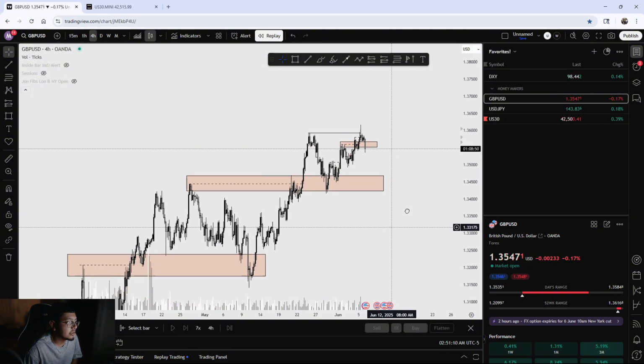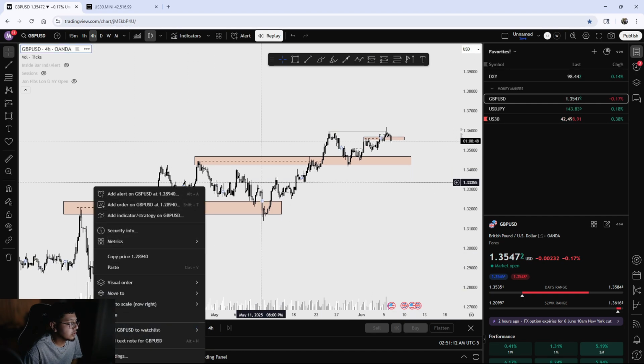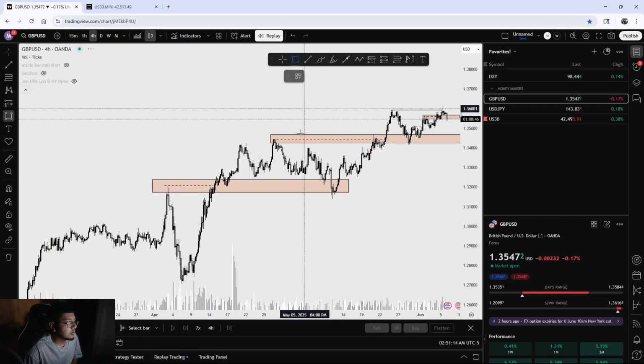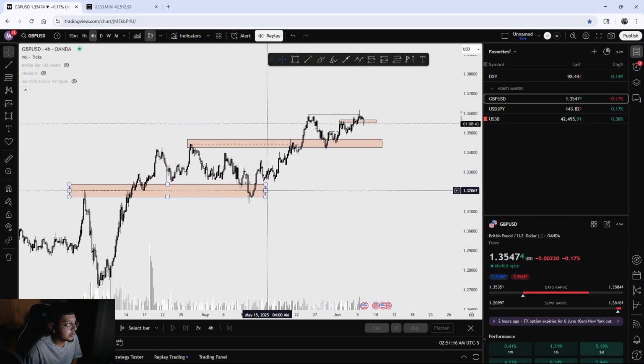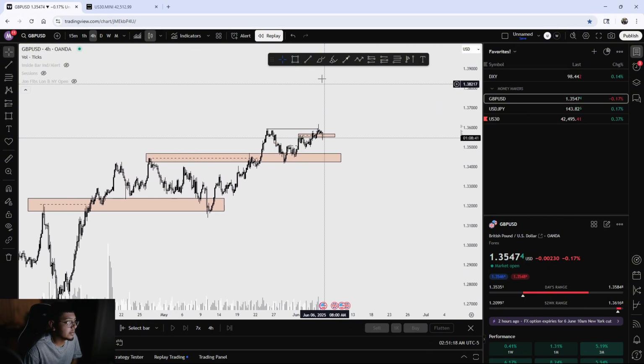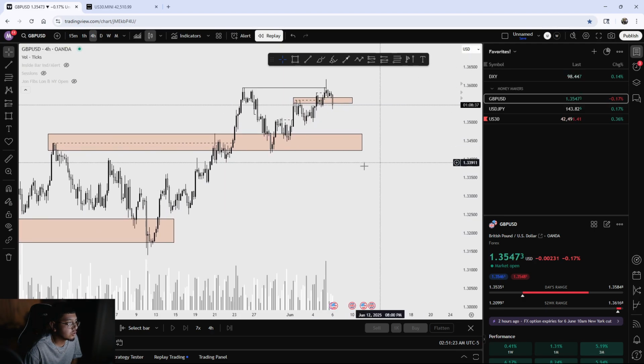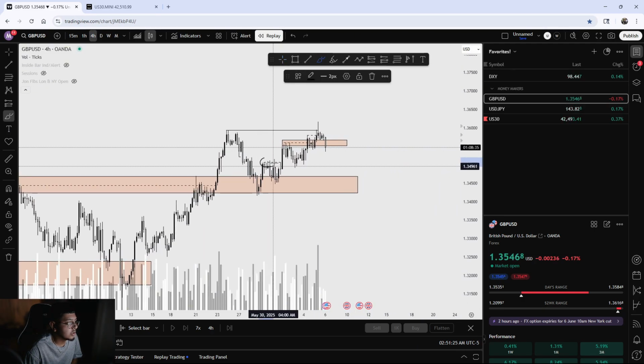So what I see is we have this bullish momentum, right? We started out consolidating in this area for a bit and continued to the upside. Same thing right here on the 4-hour internal structure. We're getting higher highs, higher lows, and creating higher highs.